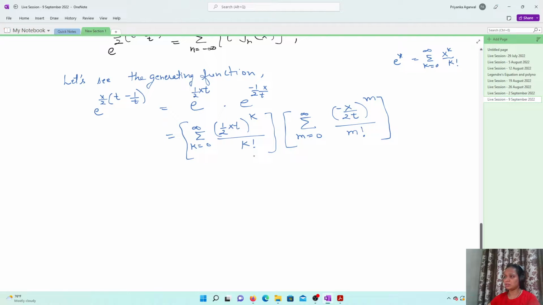That's the series for e to the power x. So we have written this in this form, and let's see how to solve further. We can write it as both the summations together, k equals 0 to infinity and n equals 0 to infinity, then ((1 by 2)xt)^k into (minus x by 2t)^n over k factorial n factorial.